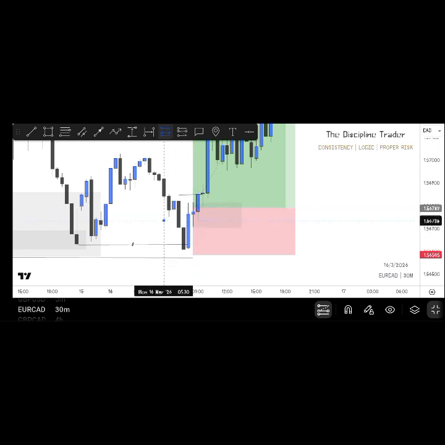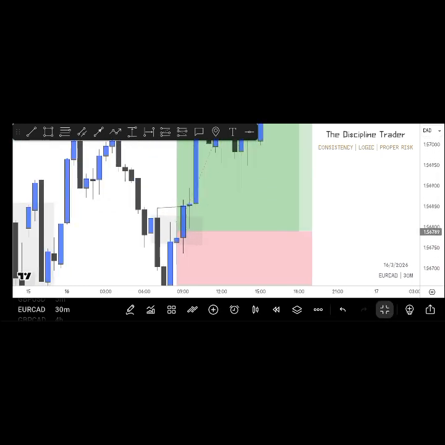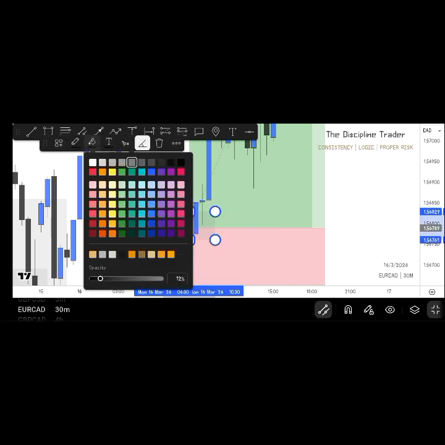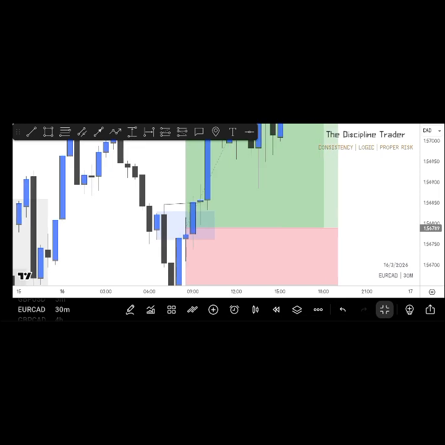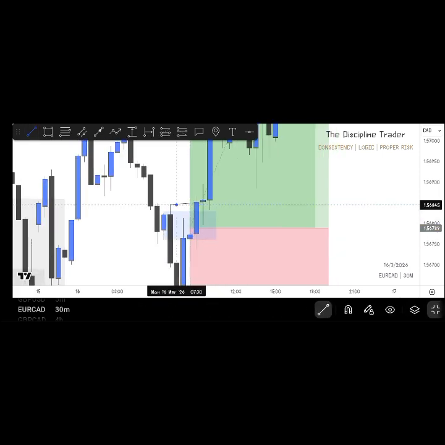This zone right here was our resistance zone. It was trying to get price back down, but it couldn't. So price literally broke past it, which was this candle right here. Price broke it and came back retesting it.